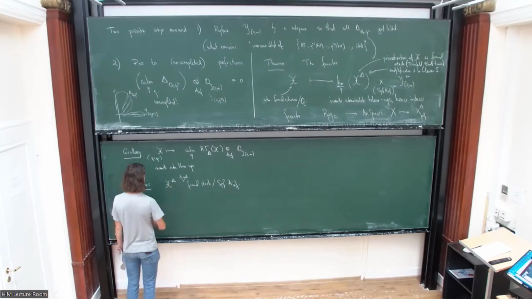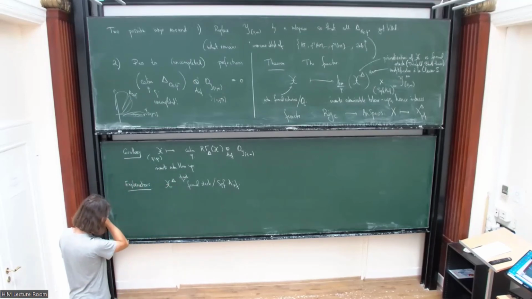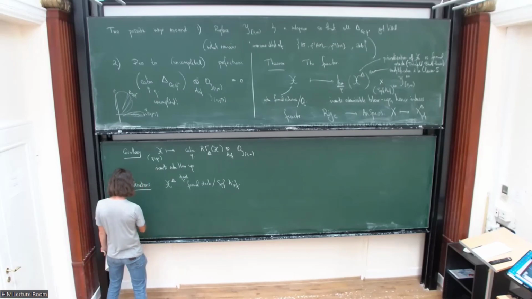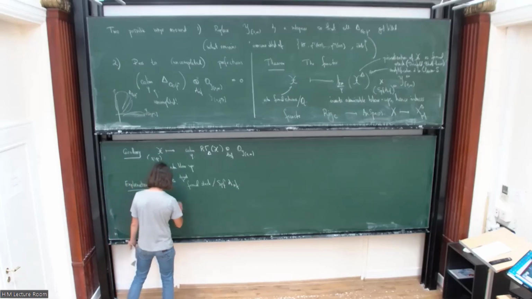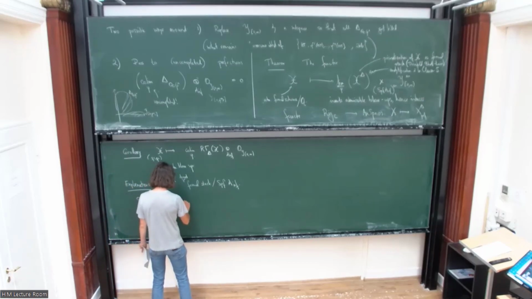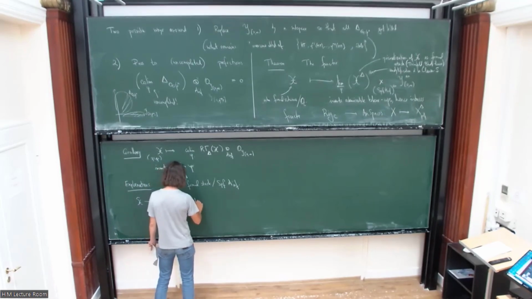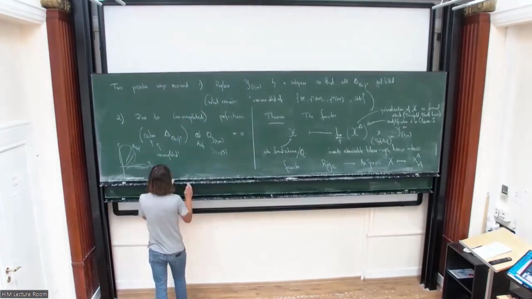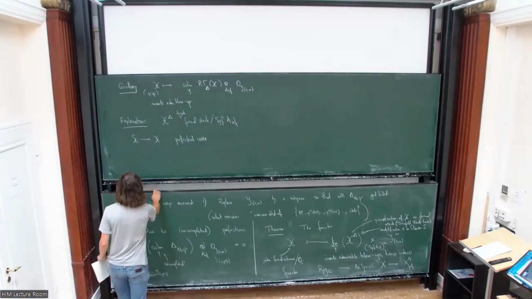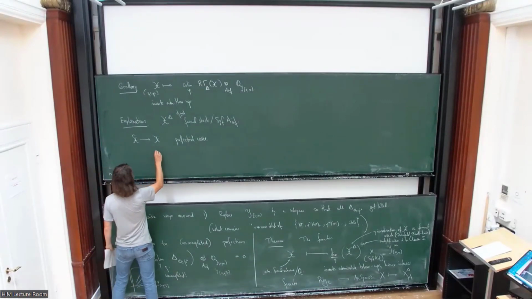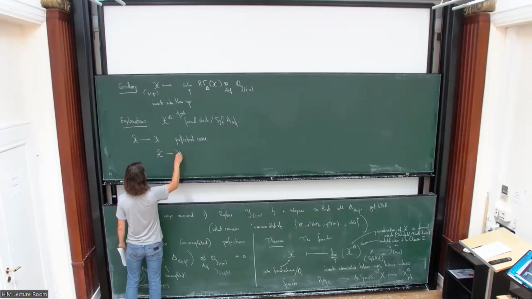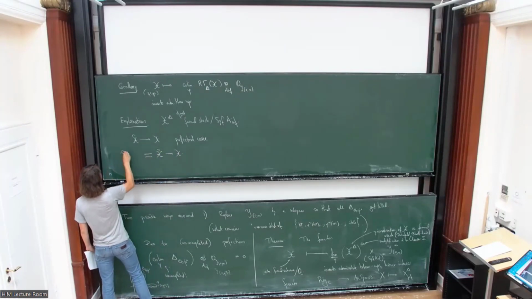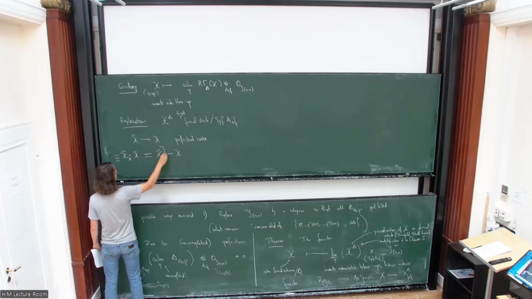So one way to think about this is this filter, some kind of cover. Then you get this diagram where you cover X in terms of integral.